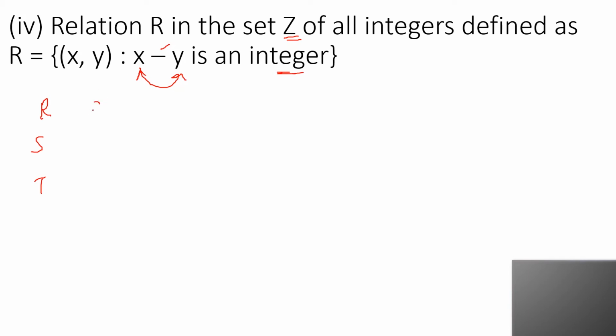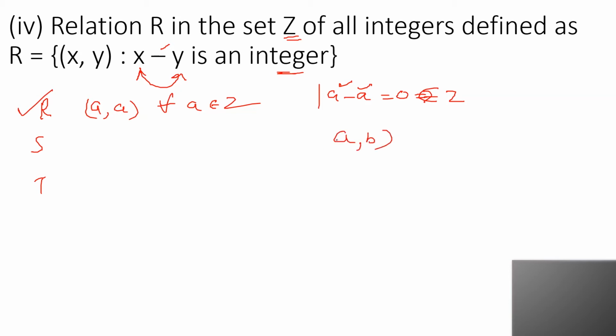Is a related to a for all a belonging to Z? Definitely. When we subtract, a minus a is equal to 0, and this belongs to the integers. So a is related to a for all a in Z, therefore this is reflexive. Next is symmetric. If a is related to b, is b also related to a?